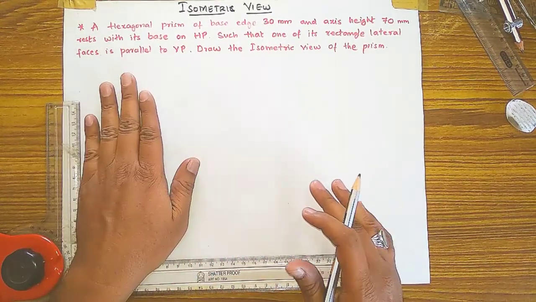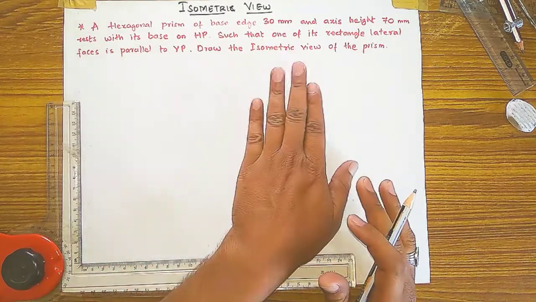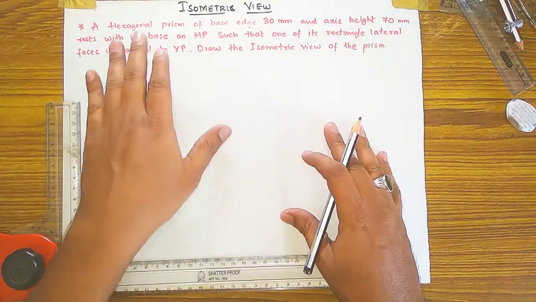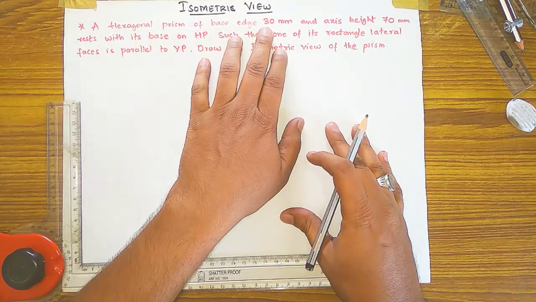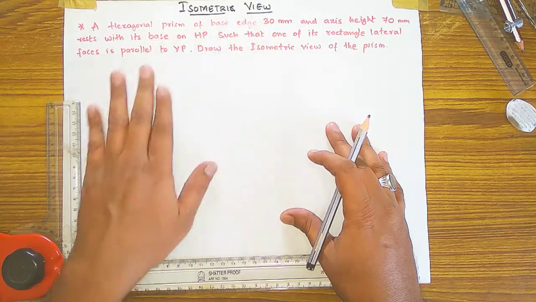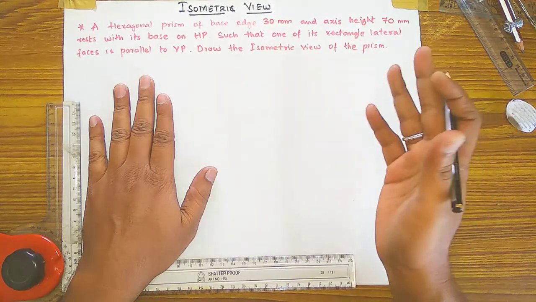To draw this problem, what is isometric view? Isometric view is the view drawn without the isometric scale, means with the dimensions given in the question, 30 mm and 70 mm, only. That is isometric view. And what is isometric projection?